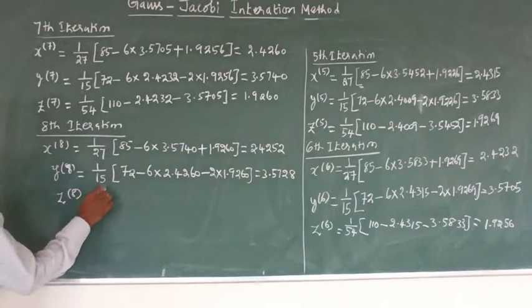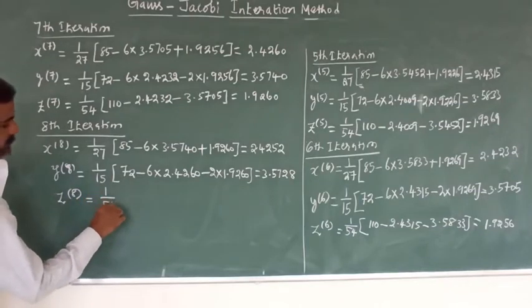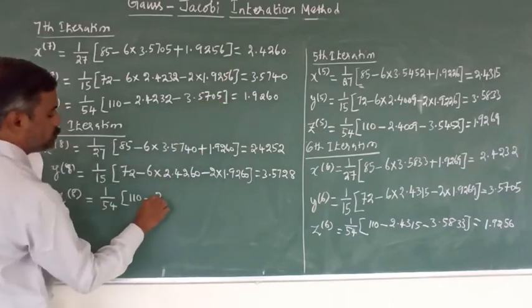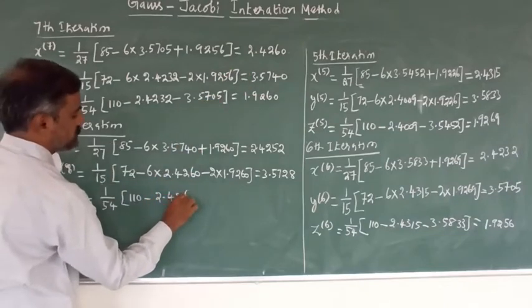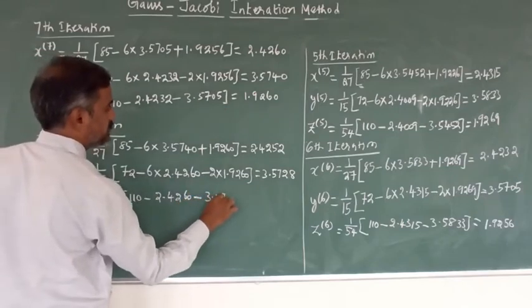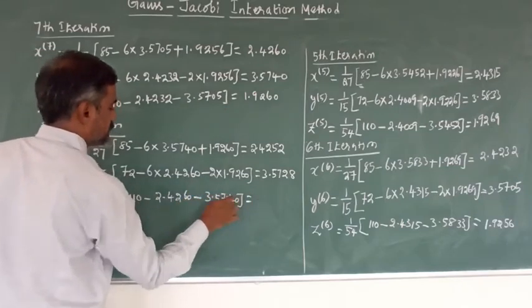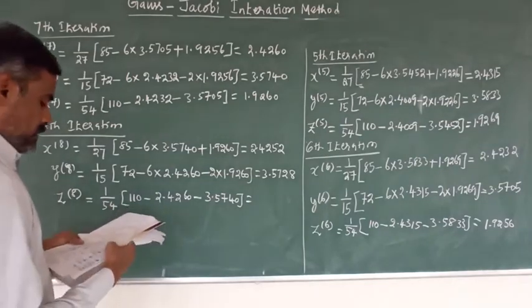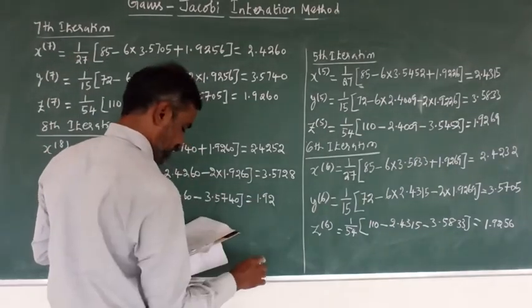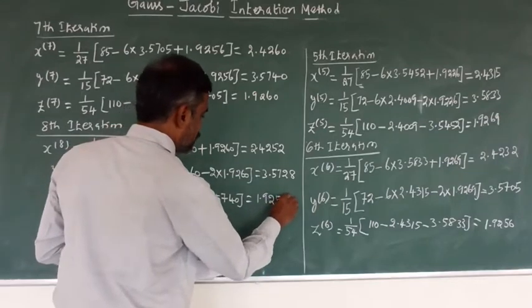And z8 equals 1 divided by 54 within bracket 110 minus x value 2.4260 minus y value 3.5740, and then simplify, we can get the result 1.9259.